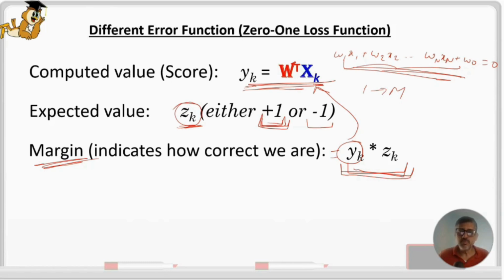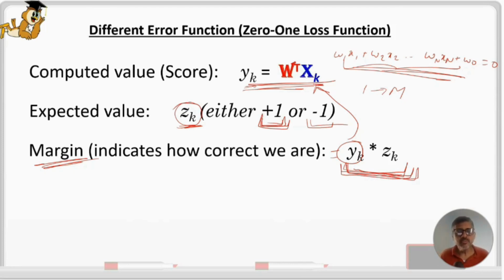Similarly, if your computed value was a very large negative number and your expected value was -1, same thing. These two minuses would cancel, and yk multiplied by zk would be a very large positive quantity. Again, you were expecting a -1, the model returned a very, very high negative number, and therefore you did a good job.